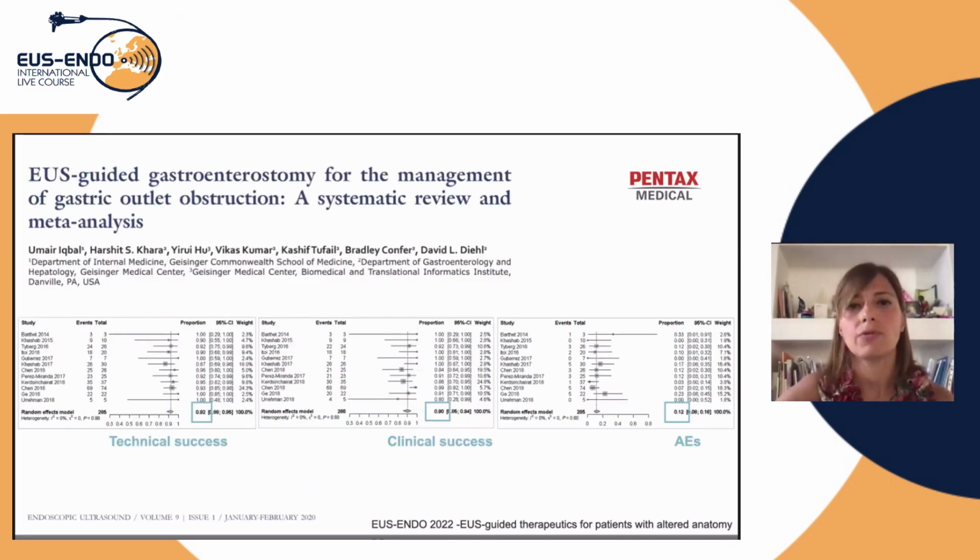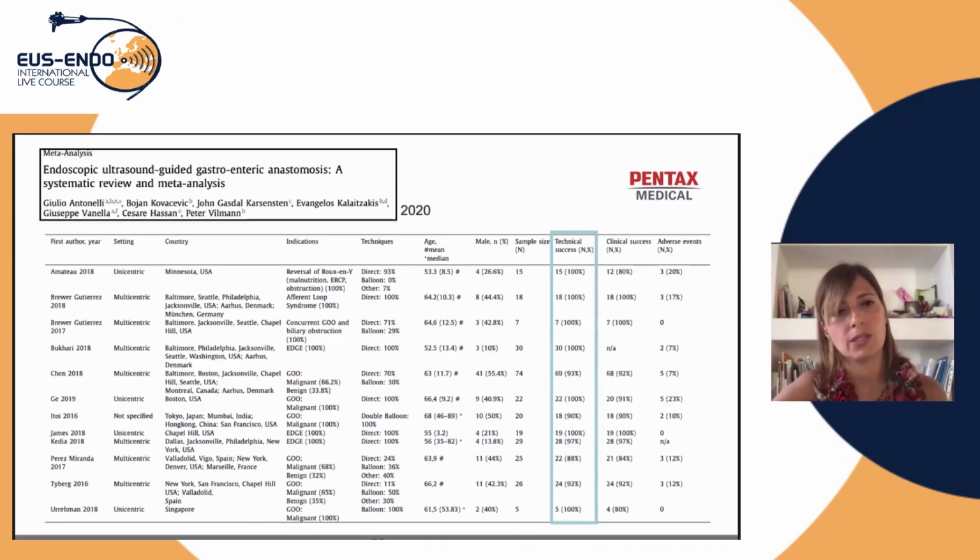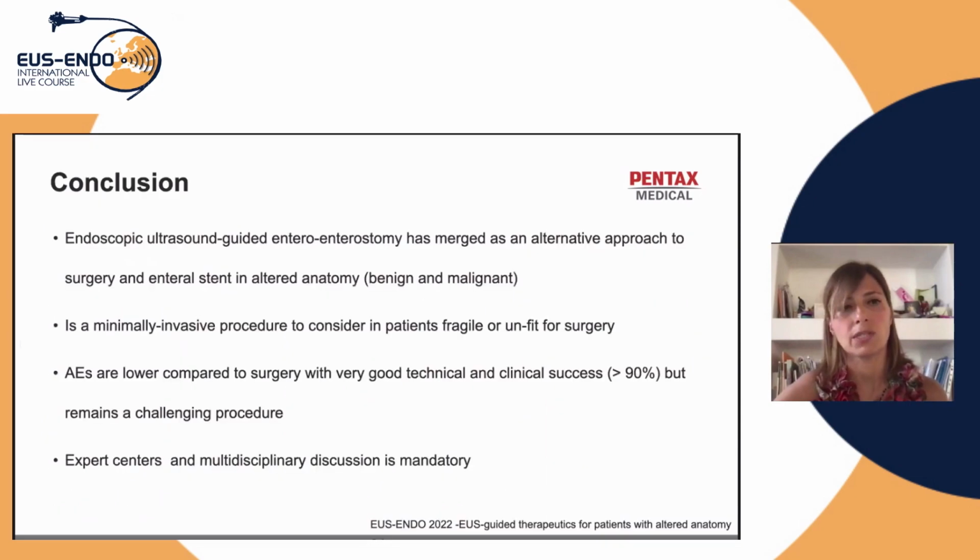Two reviews released in 2020 confirm this data: technical success around 92%, clinical success 90%, and adverse events around 10-12%. Another one, also published in 2020, shows technical success around 90 to 100%, clinical success higher than 90%, and adverse events from 10 to 15%.